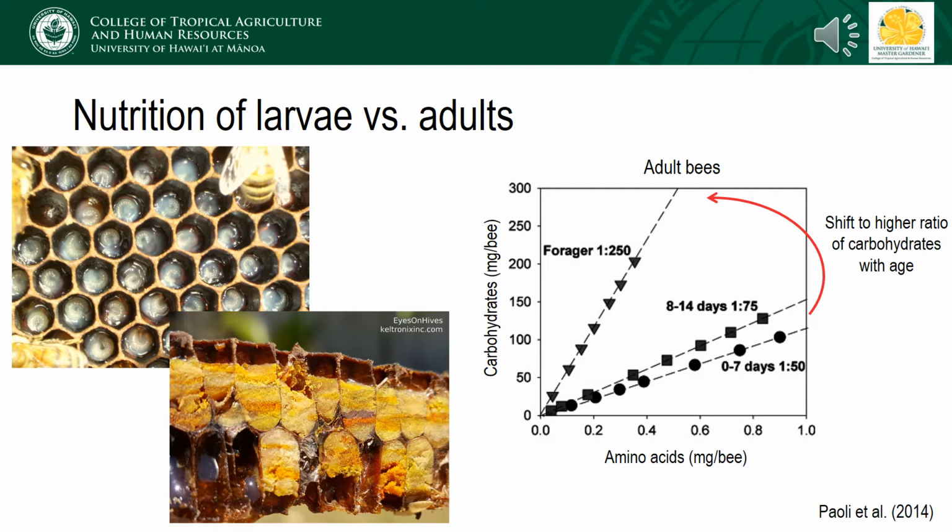Once adult bees emerge, they consume large amounts of pollen to continue stimulating gland development as they take on the role of nurses. However, as they transition to foraging, their protein requirements decrease and their diet shifts to mostly carbohydrates in the form of honey to fuel flight.